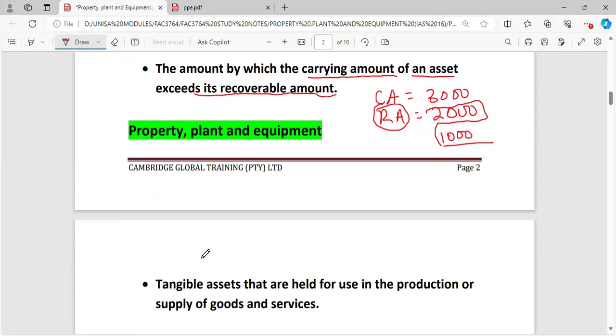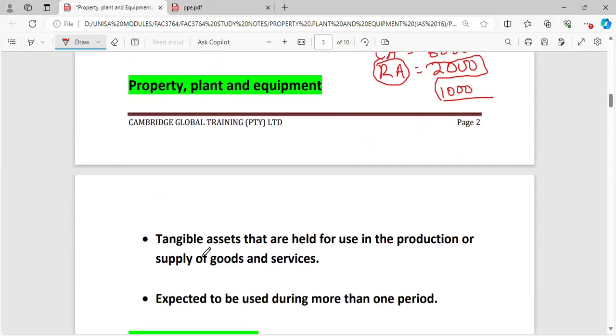Right, then let's look at the property. What is this property, plant and equipment? You will see when we do IAS 40 investment property, you will see the difference between PPE and investment property. In IAS 16, PPE is going to be for use in the production or supply of goods and services.